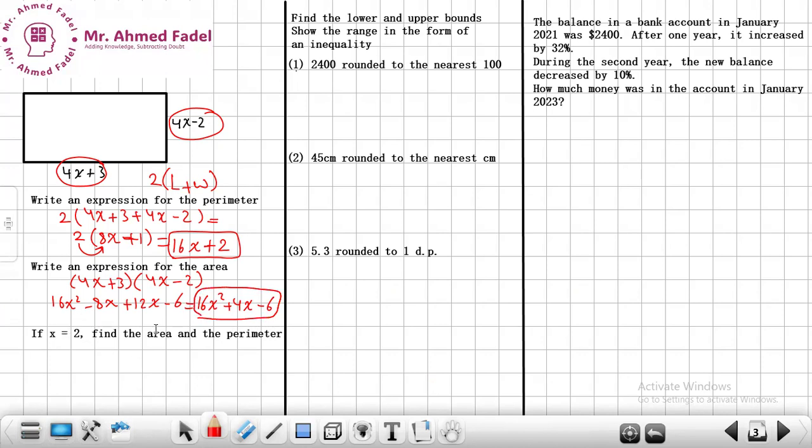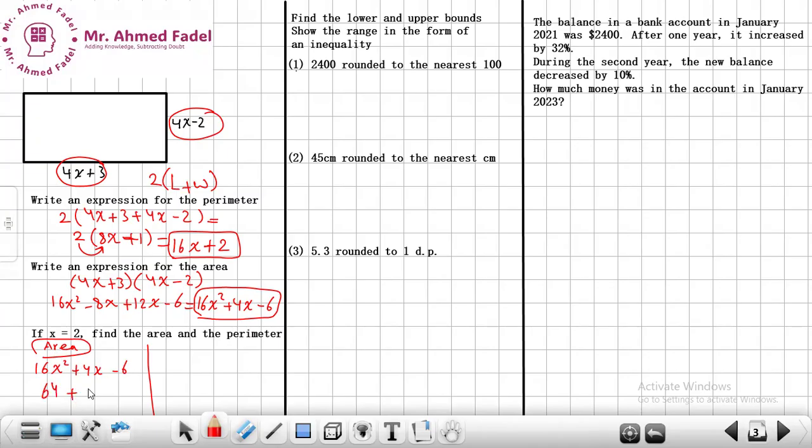If x is 2, find the area and the perimeter. Okay, here is the area. We said area is 16x squared plus 4x minus 6. Remove x and write 2. So 16 times 2 squared. I'm going to just do it fast because I have no space here. It's just 2 squared is 4, times 16 is 64.